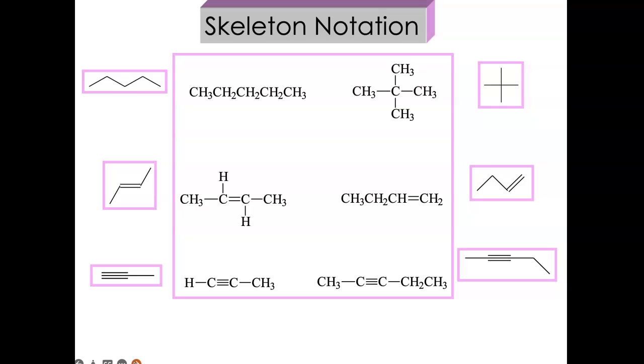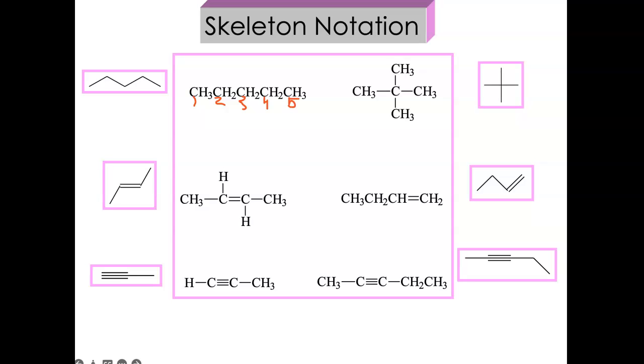The other thing we can do is a skeleton notation, and we will use this some. So if you take a look at this molecule at the top, so we have 1, and I'm just going to number them here from the left, 2, 3, 4, 5 carbons.